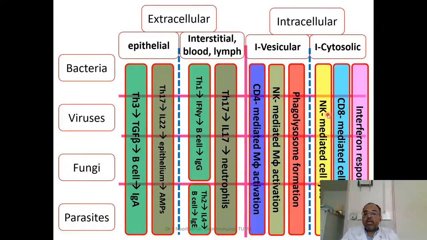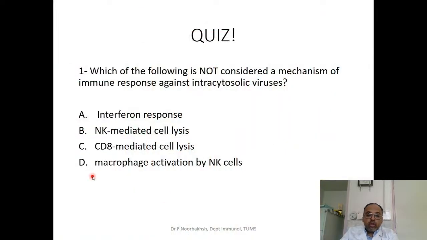Killing by NK is another mechanism. But activation of macrophages by NK cells is usually not a mechanism for defense against intracytoplasmic pathogens. It's in here. It's the mechanism of defense against intravesicular ones. So the correct answer in here would be answer D, macrophage activation by natural killer cells.